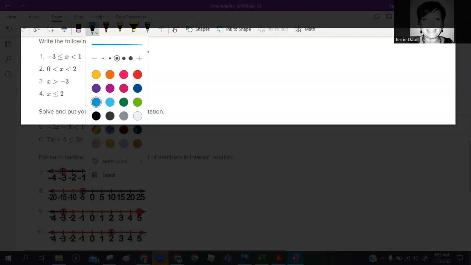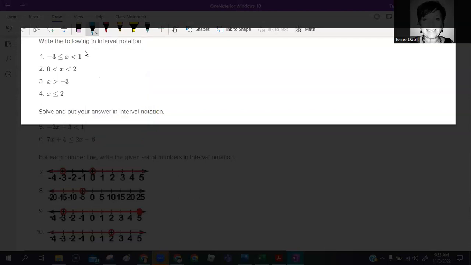So, number 1, it has a line under it, which means it is a bracket. Interval notation tells you, after you watch the video, you'll know more about this. You put your beginning point and your ending point, but you'll notice that the 1 does not have a line under it, and so therefore it would be a parentheses.